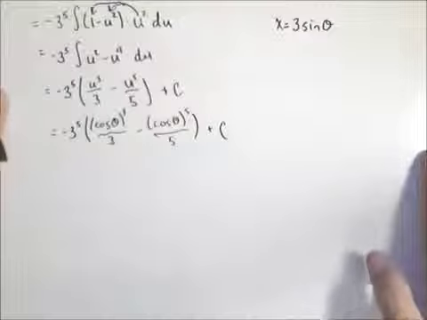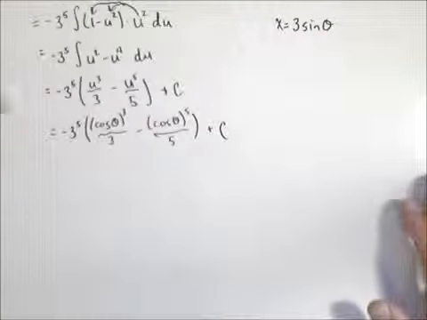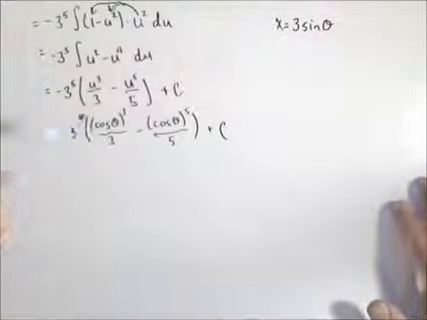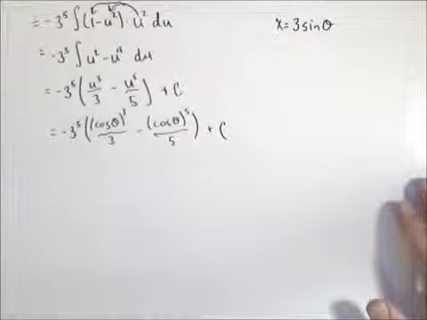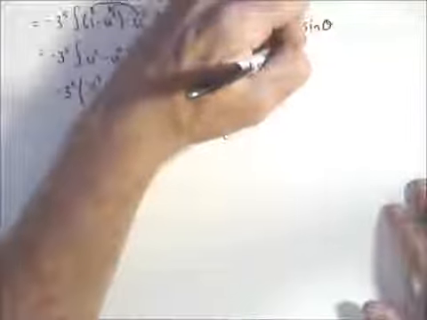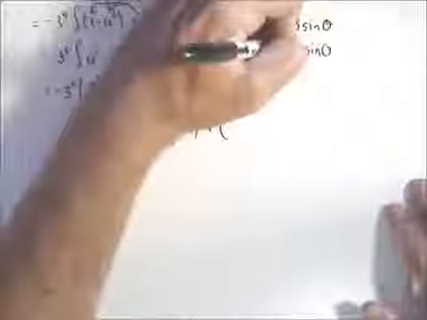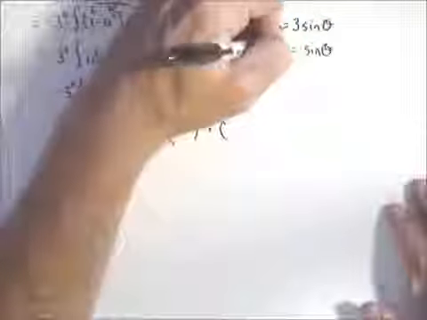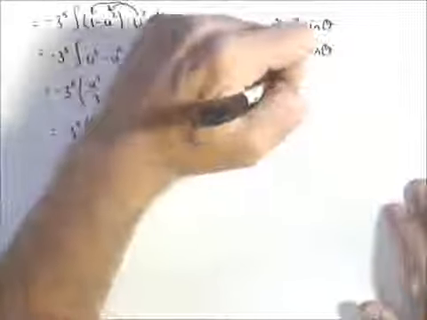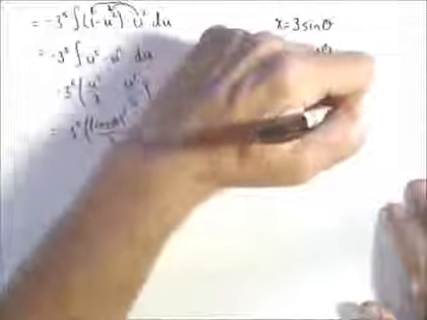Okay. Now there's two ways to recover what cosine theta is. One is to use the Pythagorean identity. One thing I've always liked to do is draw a right triangle. So first thing I do is I solve for sine theta, which equals x over 3. And I like to make a right triangle.